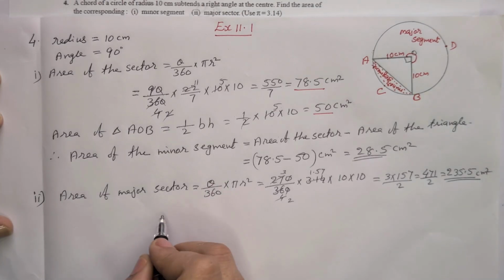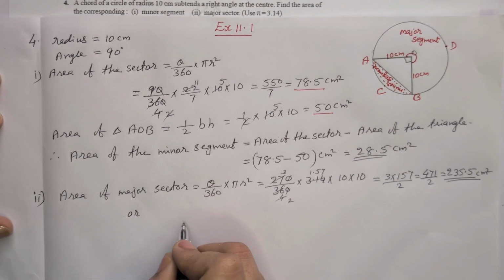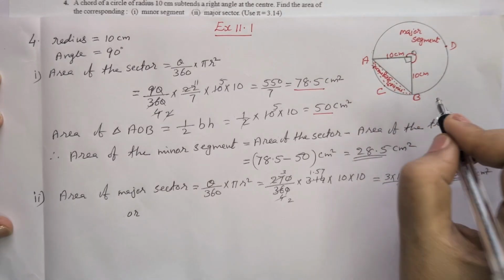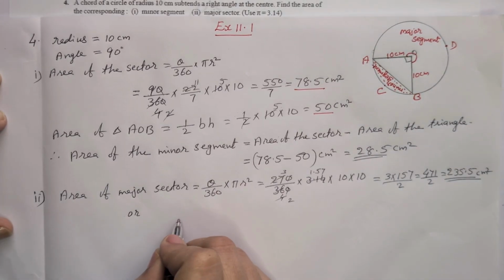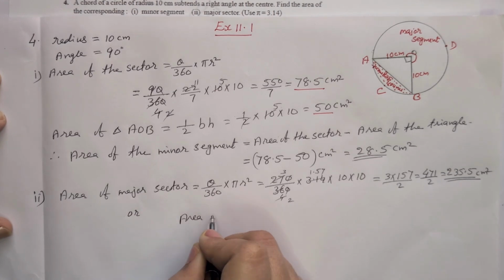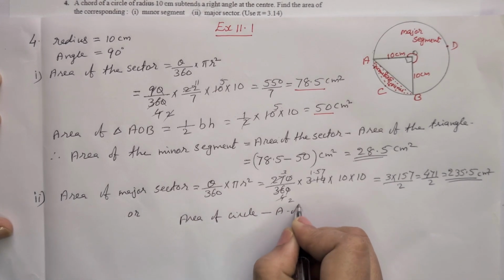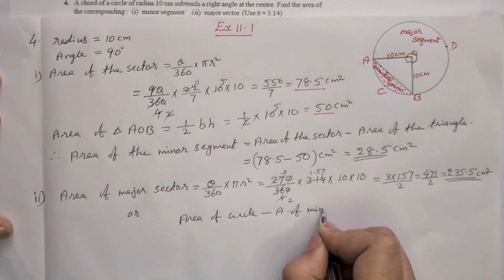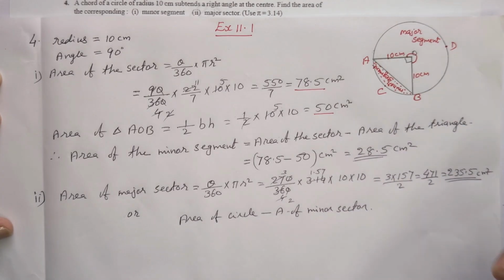Another method, that means area of the major sector is equal to area of the circle minus area of the minor sector. Area of the circle means pi r square.